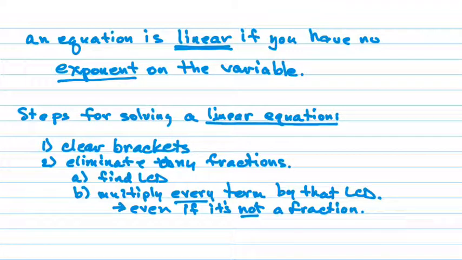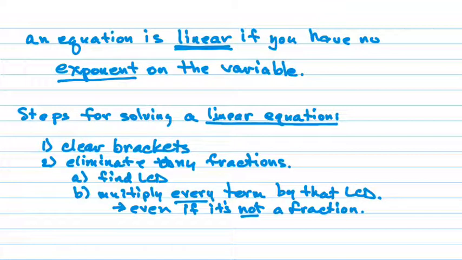Make sense? Equal symbol? You can do anything you want to. So could I add 7 to one side? Yes, as long as I also add 7 to the other side. Could I divide one side by 12? You bet, as long as you divide the other side by 12. So you can do anything you want to as long as you do it equally.